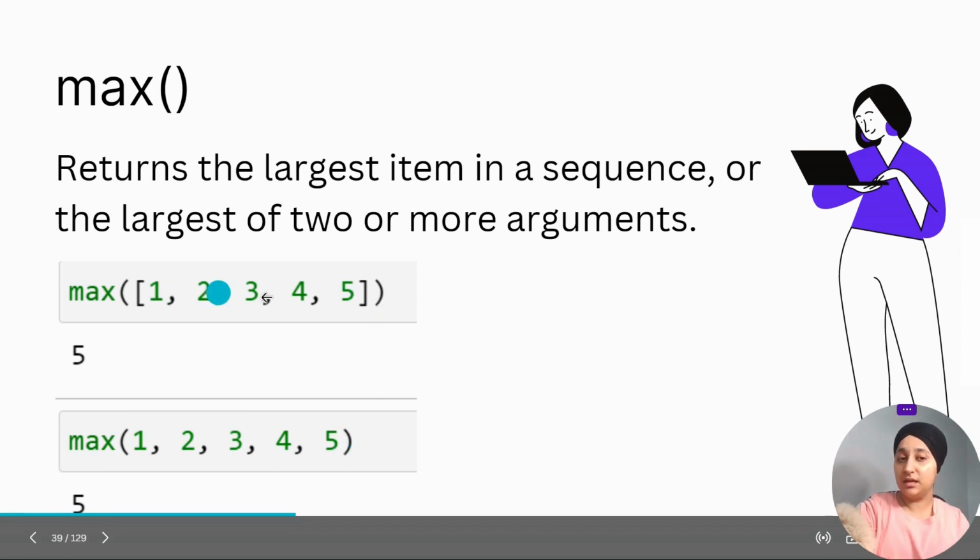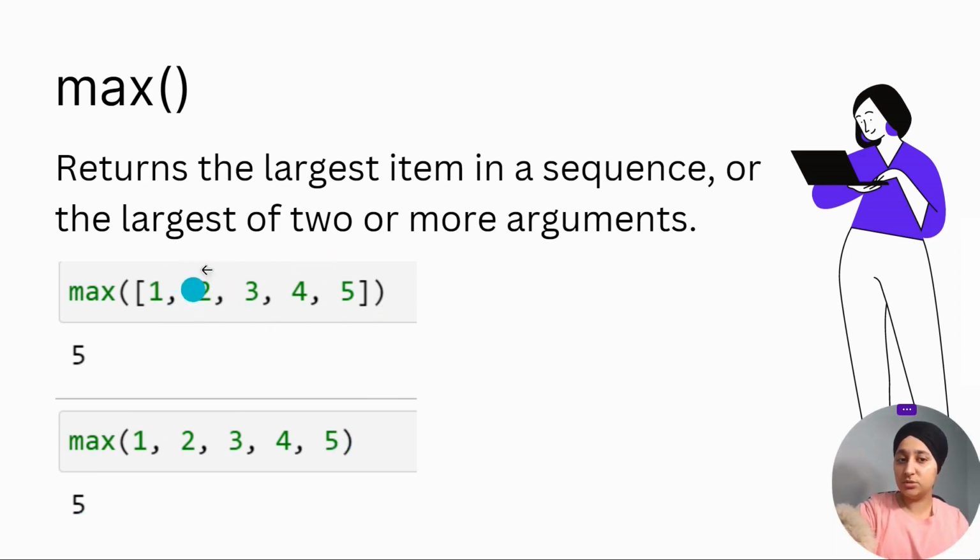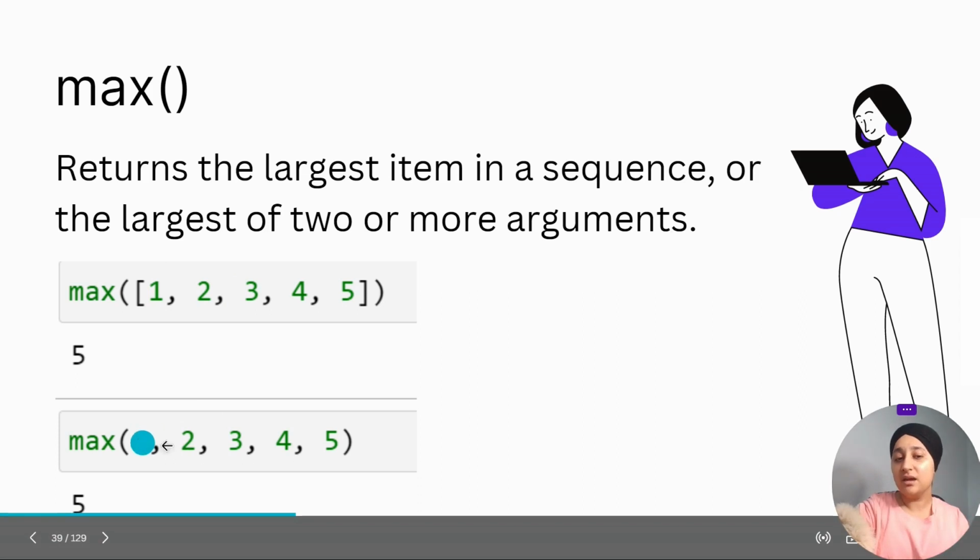Here it was a list as one argument, and it just noted which one is the maximum element, and it pointed out the 5. And in this case we have a number of arguments to the function max. An argument is nothing but whatever is in the parenthesis of the function name. So in this case the maximum is 5 again.